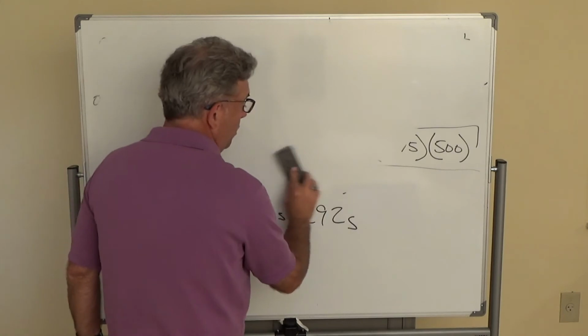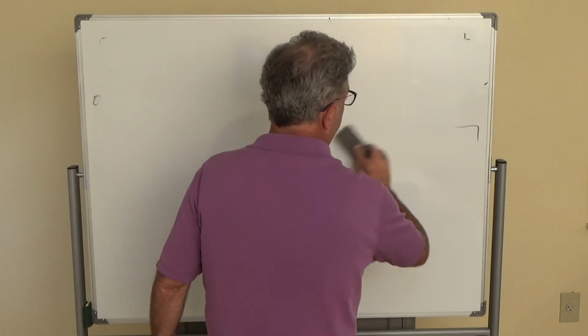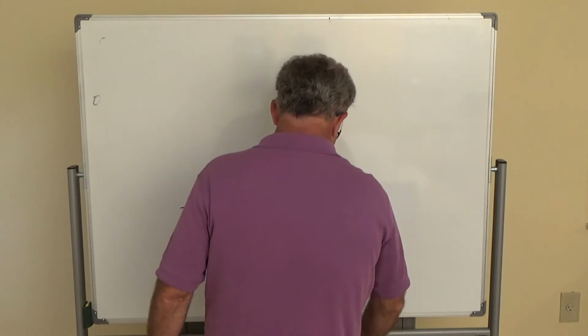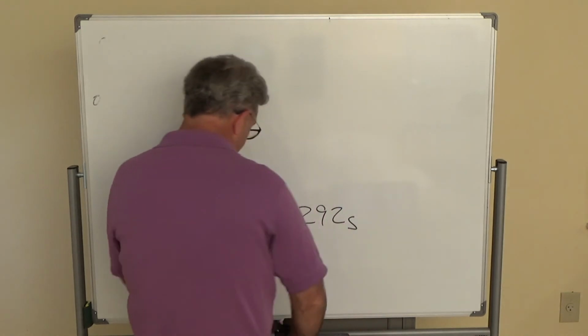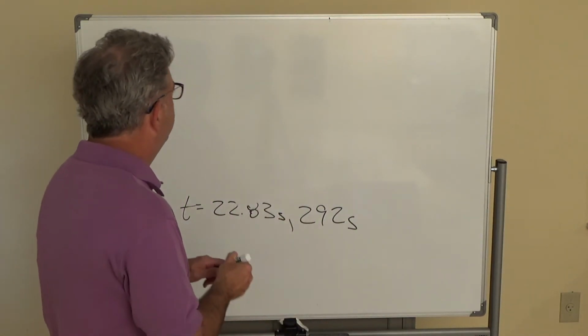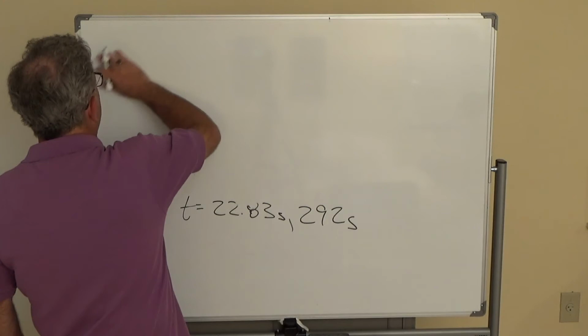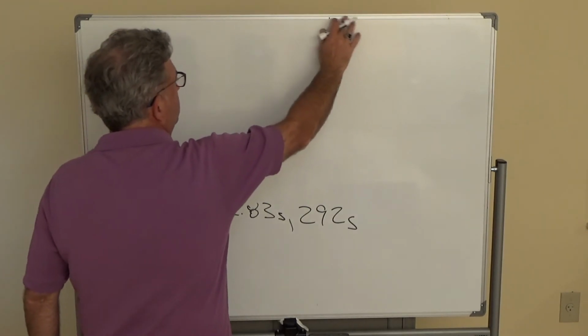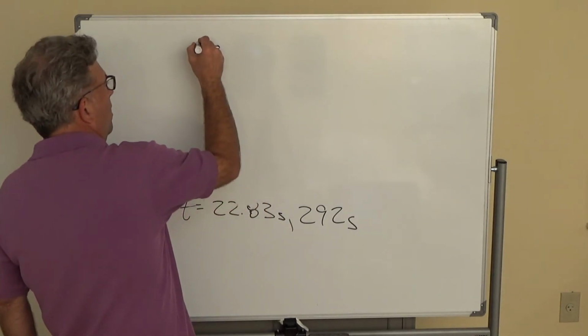Okay, so let's go ahead and calculate where, because the statement that I made was where do they meet? So you can use either equation to figure out where they meet.